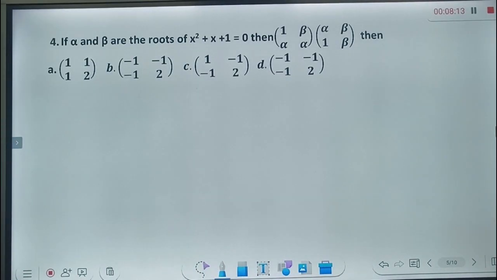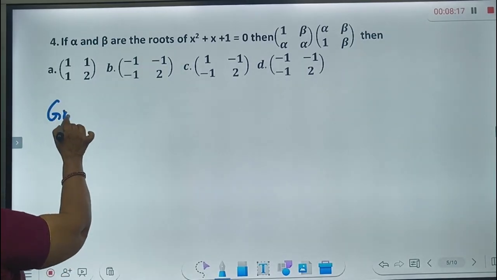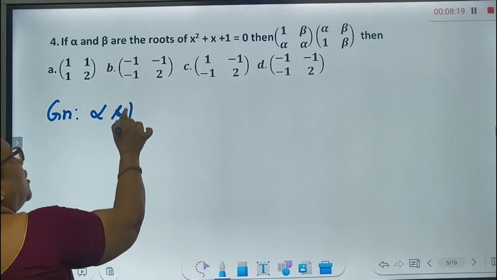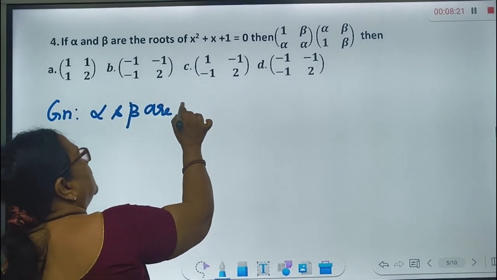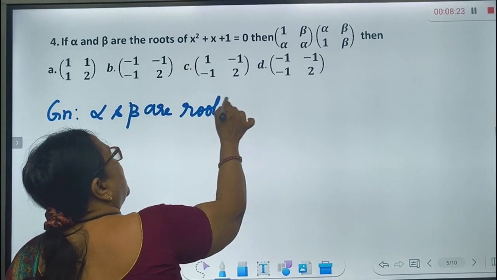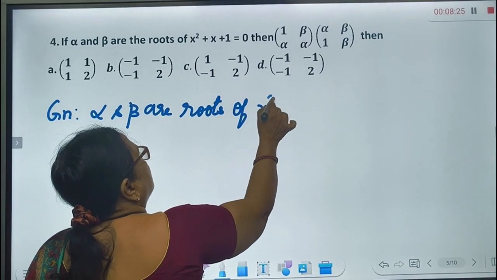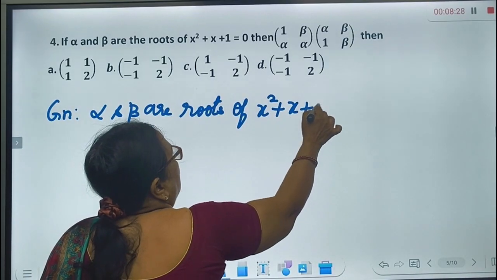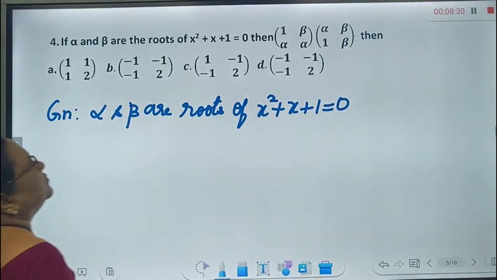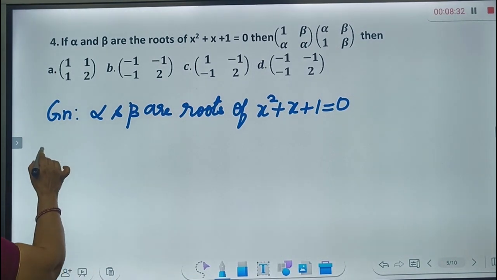Next problem. Alpha and beta are the roots of x square plus x plus 1 equal to 0. Then what is it that you need to find?